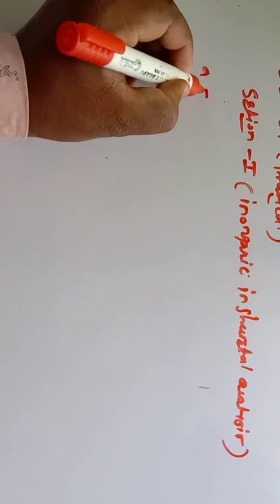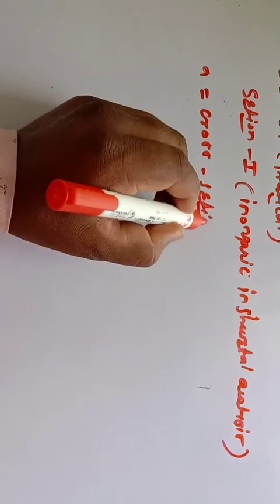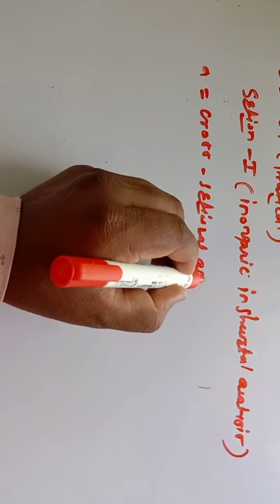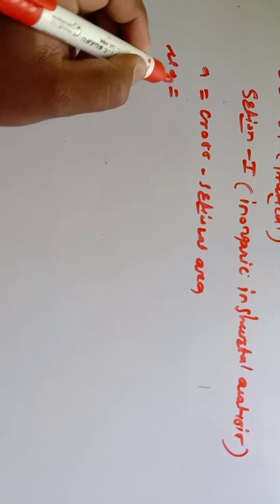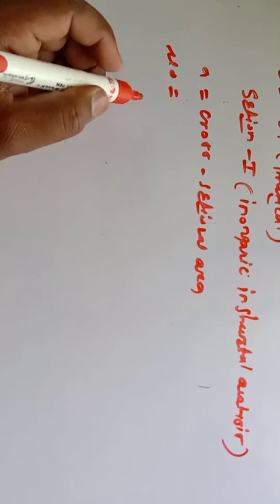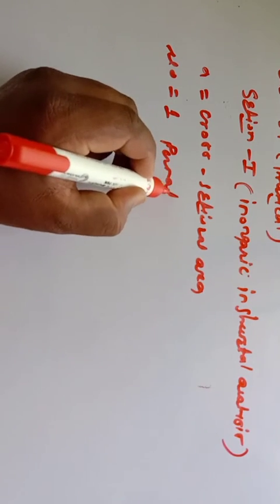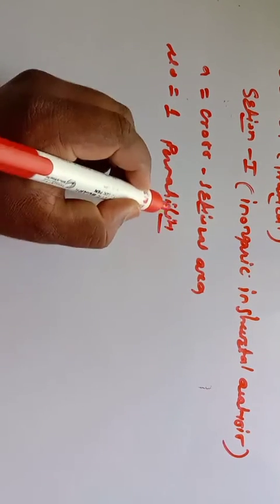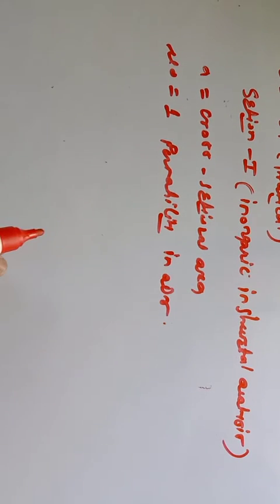A is your cross sectional area, and mu 0 is your permeability, and it is equal to 1 for air. Permeability in air is 1.